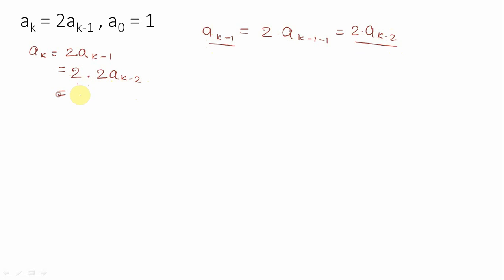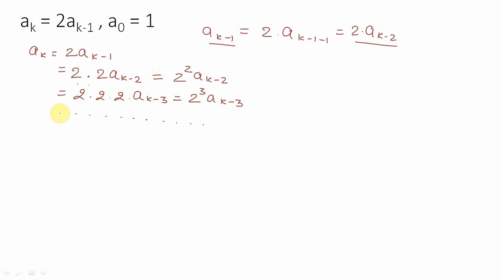Again, it can be written as 2 multiplied by 2 multiplied by 2ak minus 3. This could have been written as 2 square ak minus 2, and I can write it as 2 to the power 3 ak minus 3, and so on.